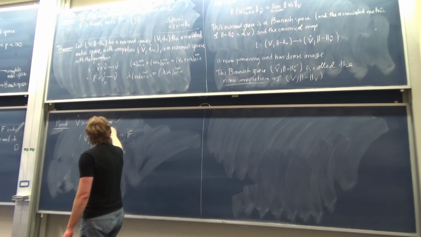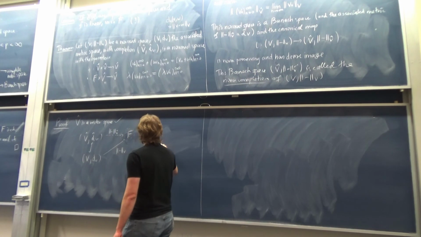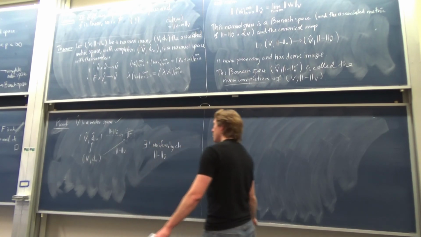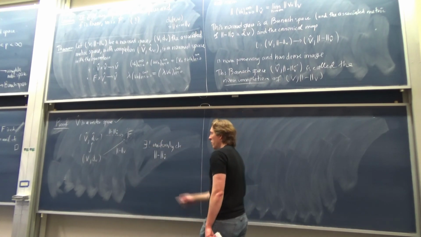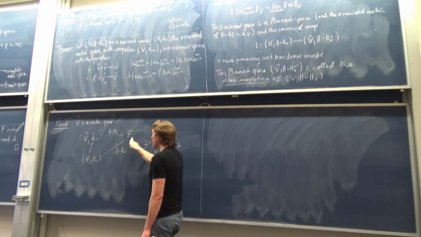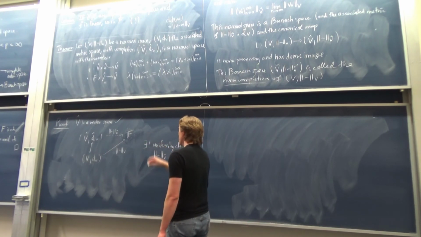So there exists a unique, uniformly continuous map, which we'll show in a second is a norm, but for the moment it's just a uniformly continuous map out of the metric space completion with values in F, which makes that diagram commute.